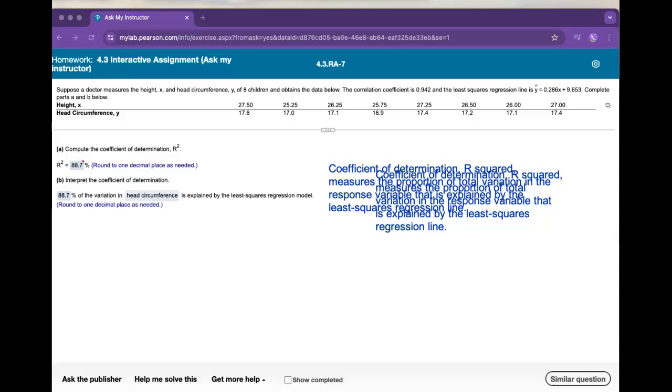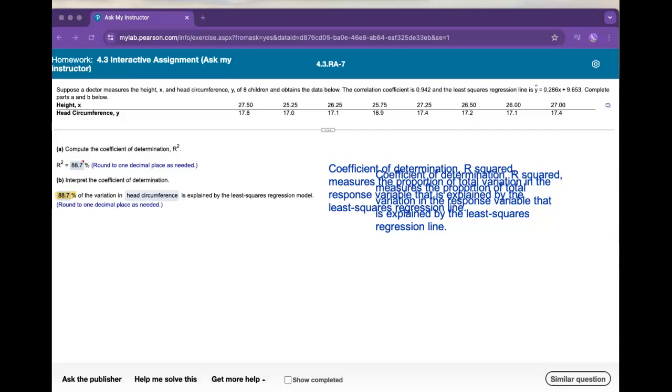Okay, so as we look at this particular problem here, the coefficient of determination we found was this 87.7%. So this is our statement. Every time this is going to be our statement.